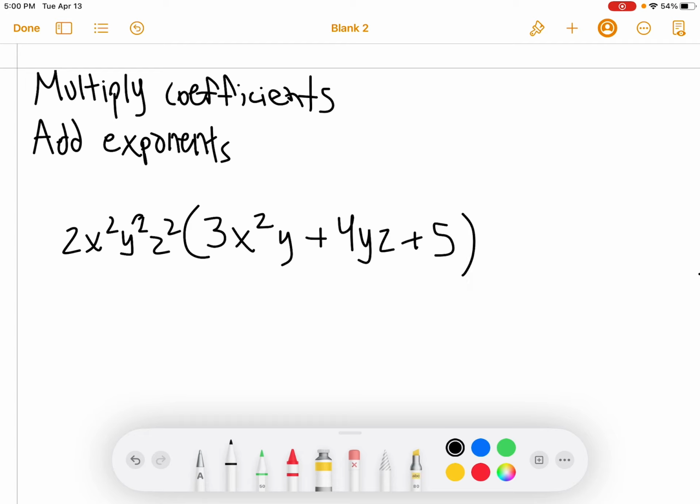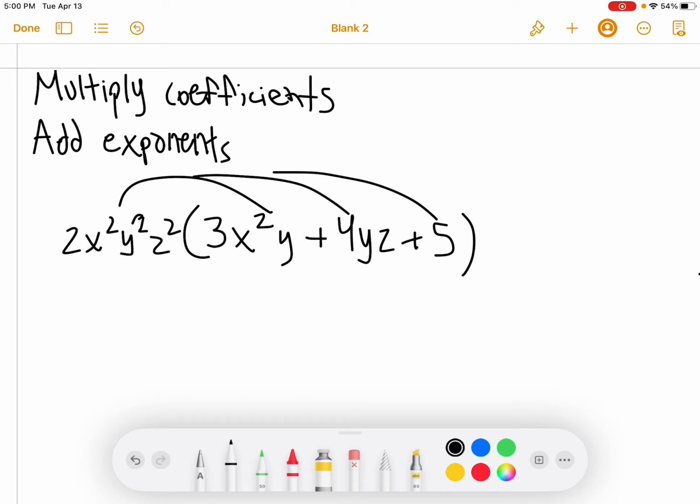That looks crazy, and you don't have to FOIL for this one. Since there are no addition or subtraction signs in the first part, it's all one thing, so you multiply all of that by these terms. If it was 2x squared plus y squared plus z squared, then you would have to FOIL, which I'll show you in a minute.